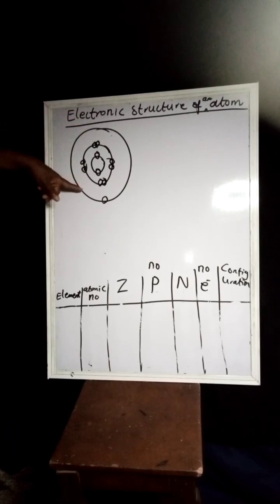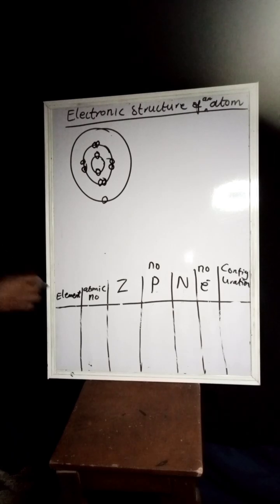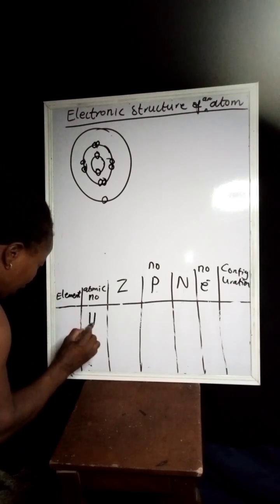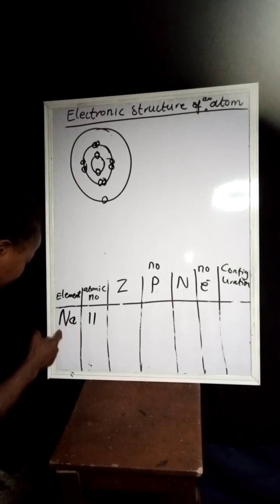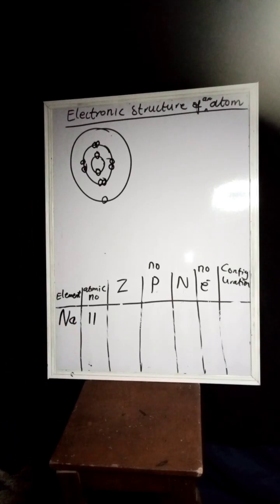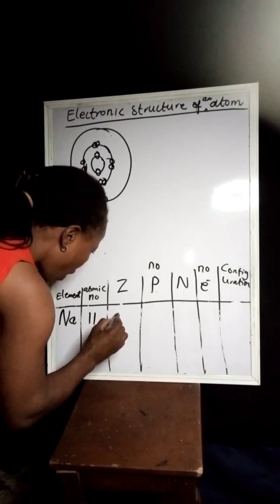Being the 11th element, it means that the atomic number of sodium is what? 11. Now the symbol is what? Na. That is the sodium element. Then the atomic mass of sodium is 23. How will we know?